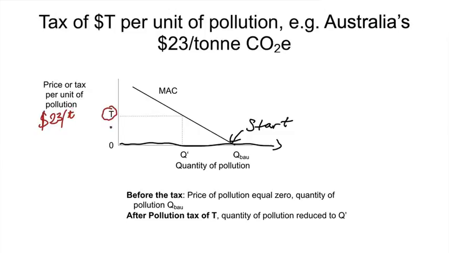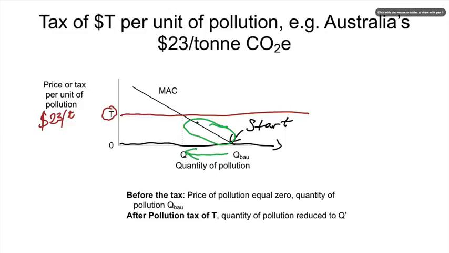They're essentially facing this charge of T. So if we think of a line along here, those who've got low cost types of pollution down here have decided, well, rather than pay the tax, the T up here on the red line, I'm going to change my decisions. I'm going to find a less polluting way to make electricity. I'm going to purchase products that are less polluting. So we're going to give up this amount of polluting activities. So long as the tax is greater than the cost of giving it up, then I'll give it up.